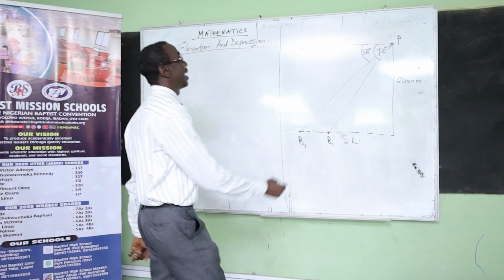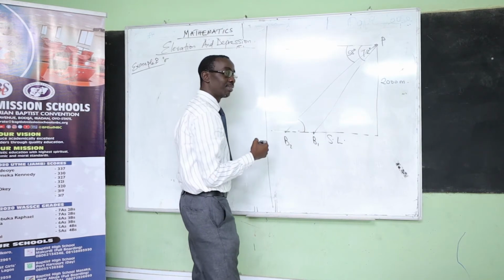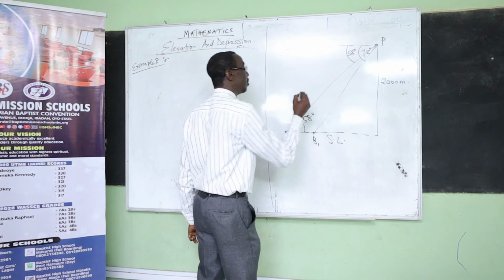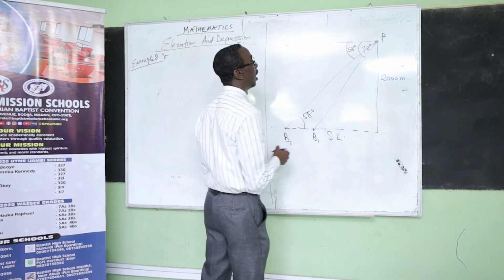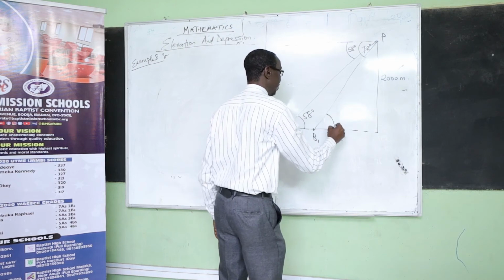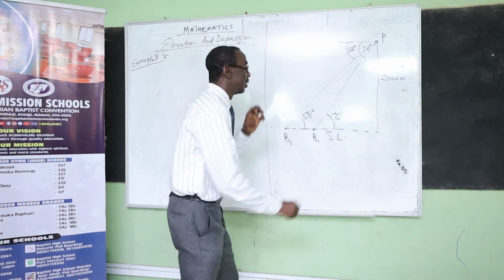Use. All right, this angle and this angle, what is their relationship? They are alternates, that means they are equal, right? Yes. This angle and this angle, they are what? Alternates, and that means they are equal.